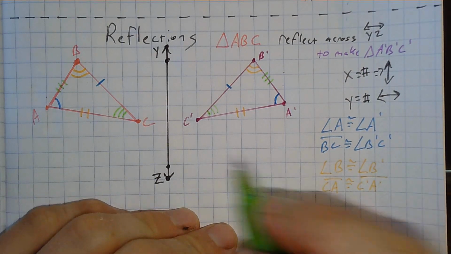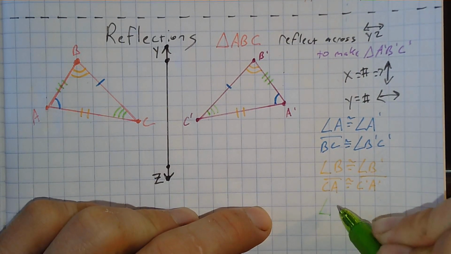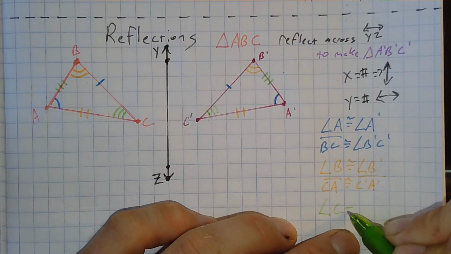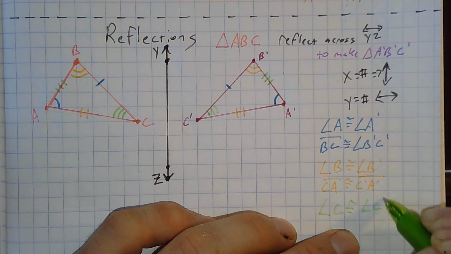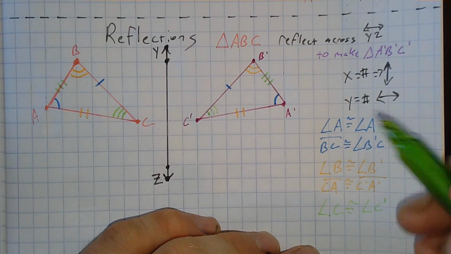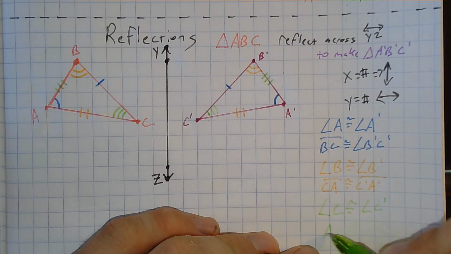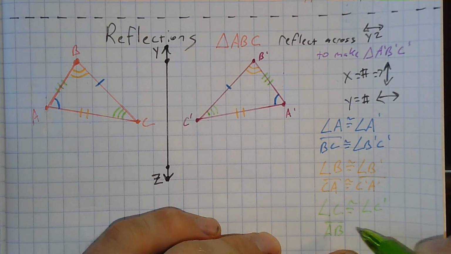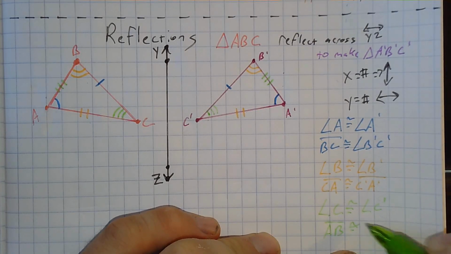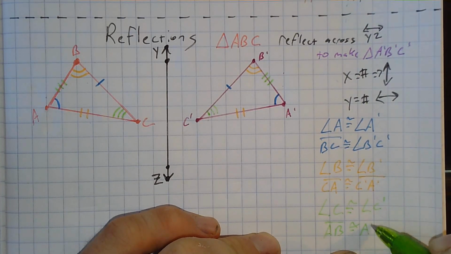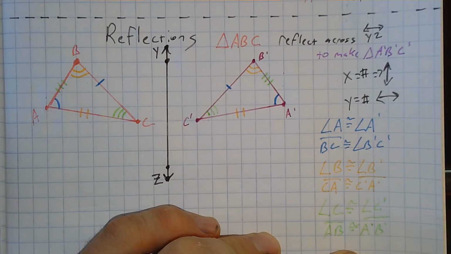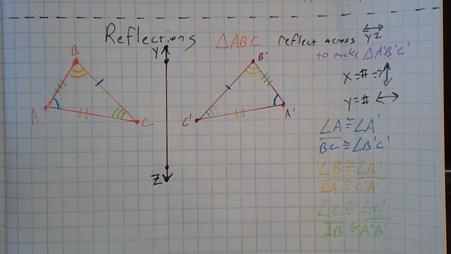All right, so I'm going to call this angle C, which is congruent to angle C prime, and line segment AB is congruent to A prime B prime. All right, so that is a reflection, and I hope that makes sense.